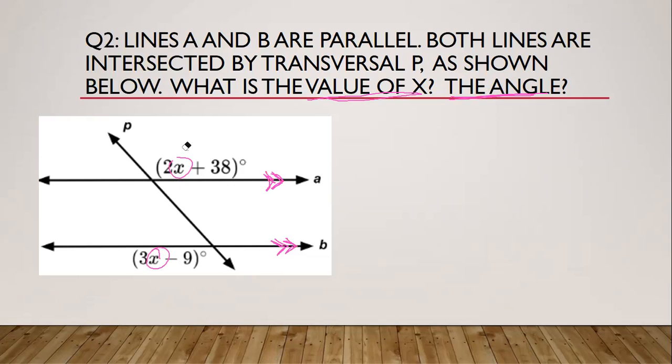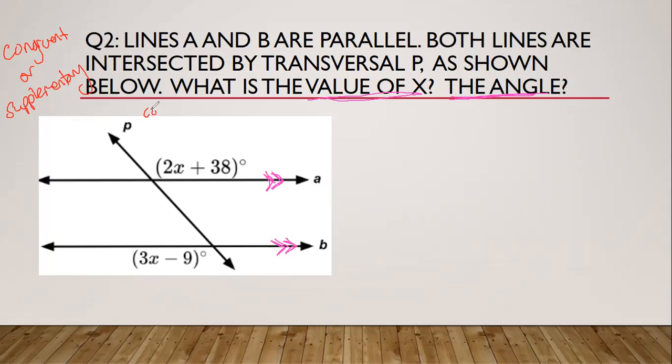Okay, so if you remember our angle pairs, when our lines were parallel to each other, our angle pairs were either congruent or supplementary. Now most of our angle pairs were congruent when our lines were parallel.